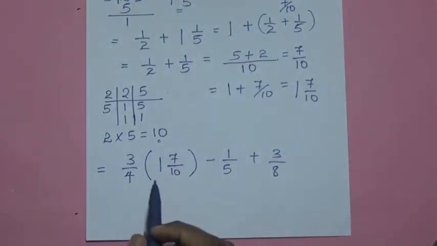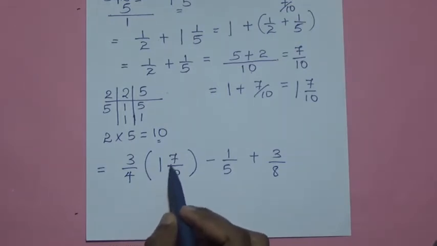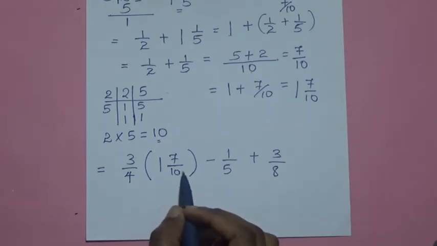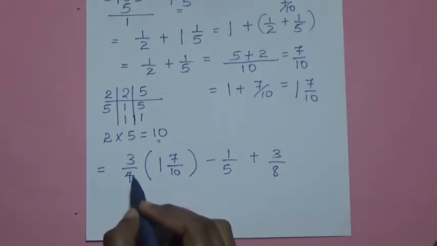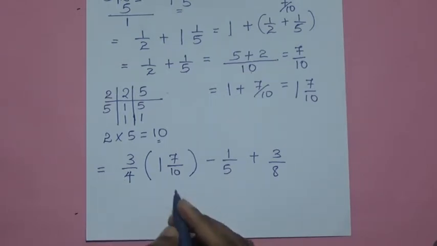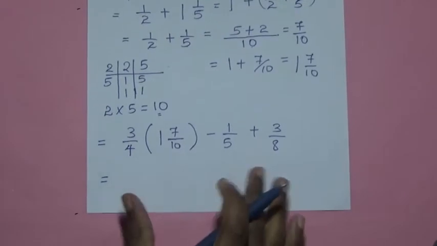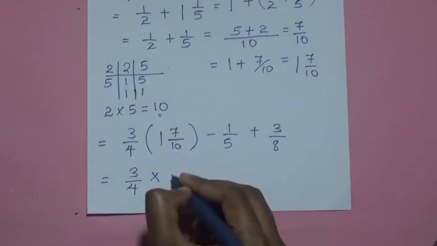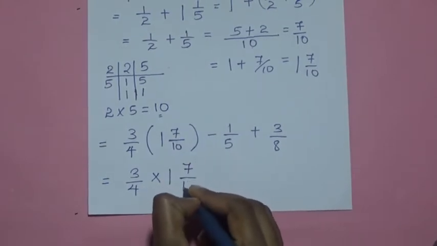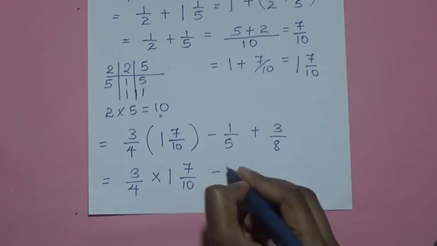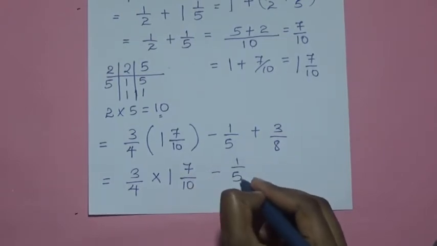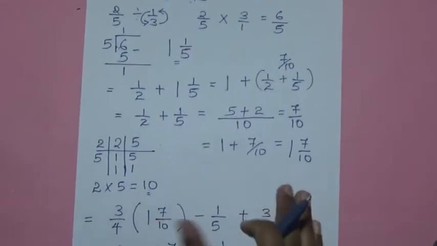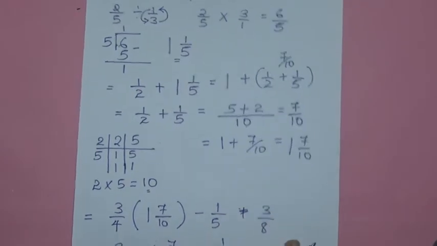Now, here we have 3 over 4 into brackets 1 and 7 over 10. To open this bracket, you multiply what is inside the brackets by what is outside the brackets. So it will be 3 over 4 multiplied by 1 and 7 over 10, minus 1 over 5. Sorry, this sign is multiplication, not addition.